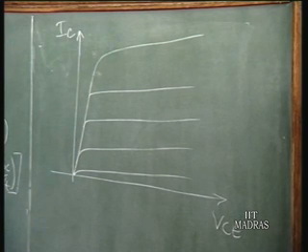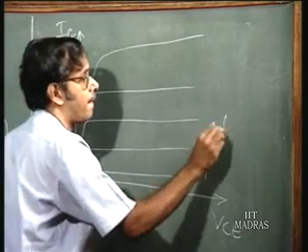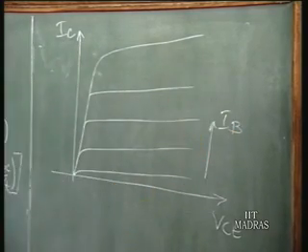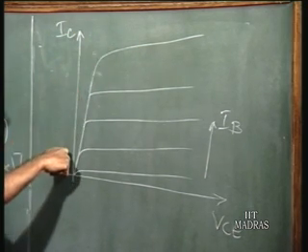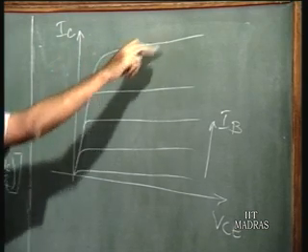This is well known. This is for increasing IB. This is the collector current versus VCE. So, what is happening when we come to this region? This is known as the saturation region, and this is the active region.